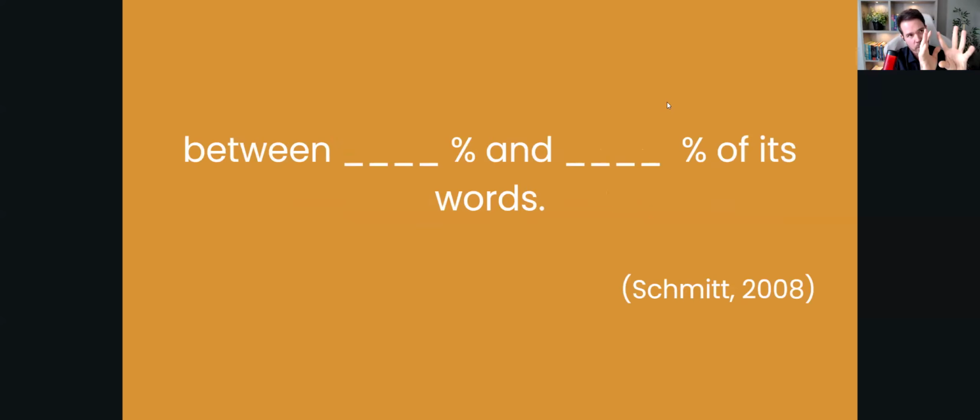If the text has 100 words, what is the percentage of the words they should be familiar with so they can guess successfully? 60%, 70%. Oh yeah, I can see here. 80 to 90%. Gabi says 70 to 80, 90. Mm-hmm.